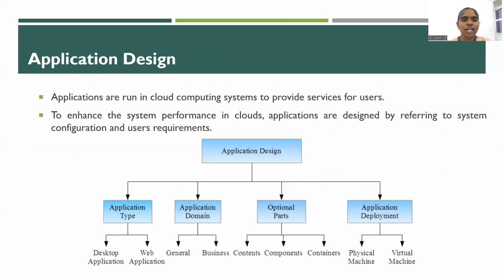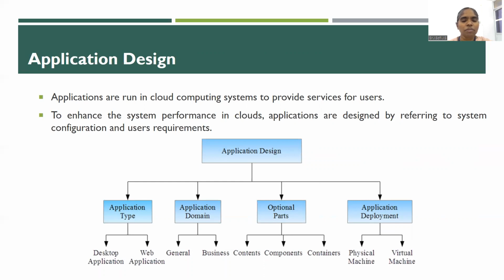So here, if you take application design, these applications run in the cloud computing system to provide services to the users. It can be further divided into different modules: application type, application domain, optional parts, and application deployment. If you come to application type, there are 2 types of application: desktop applications and web related applications.